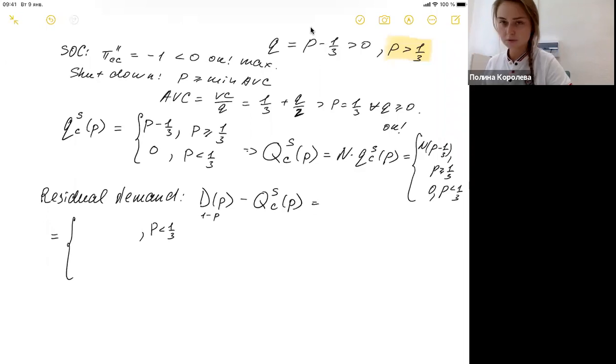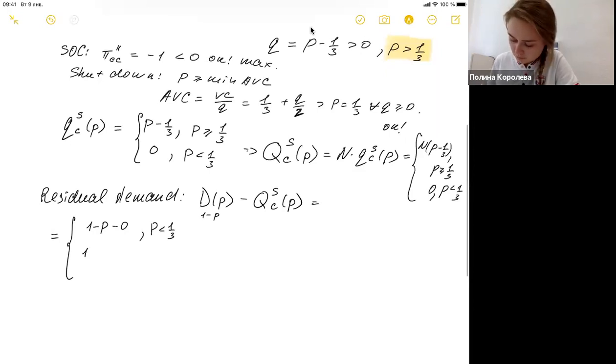So monopoly works with all demand for low prices. So this will be 1 minus price minus 0. Then we have the difference. Demand 1 minus price minus n multiplied by price minus 1/3. Okay, we can write this. This is equal to 1 plus n over 3 minus n plus 1 multiplied by price.